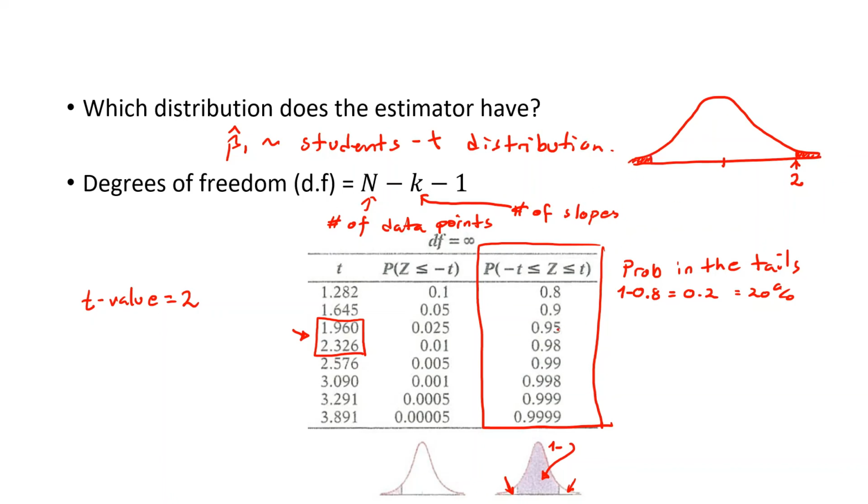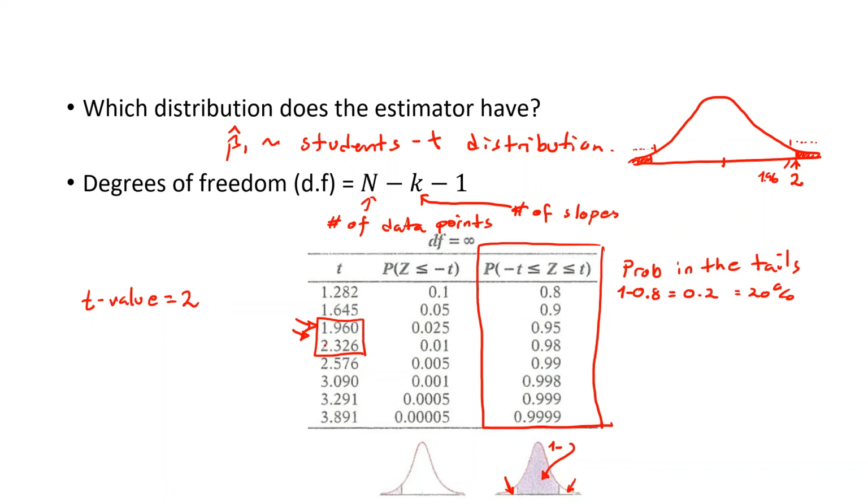We know that if we go 1.96, let's say this is 1.96, then we would have 5% in the tails.